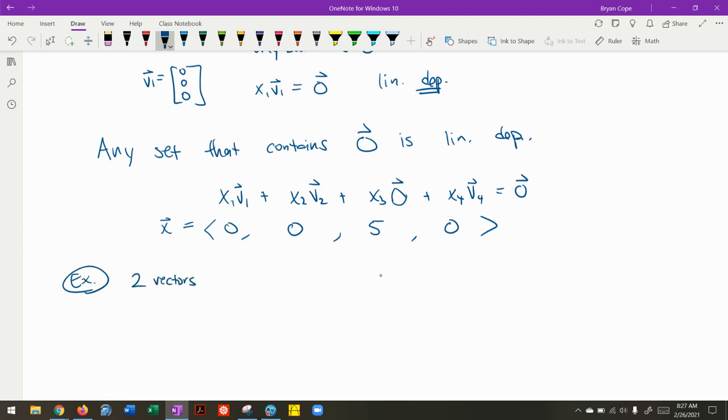Okay, so suppose v1 = (3, 2, 1) and v2 = (6, 8, -9). All right, 2 vectors in R3, right? Well, if we graph these, we would clearly see that they don't lie on the same line. They are not scalar multiples of each other.